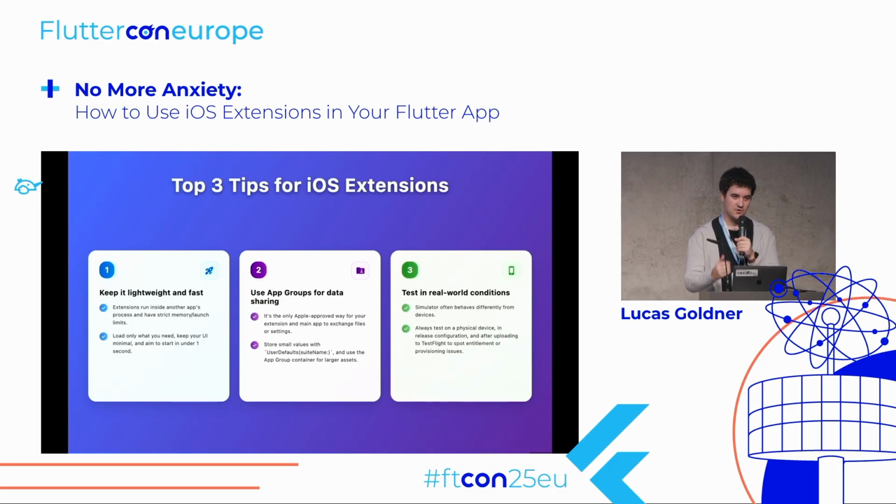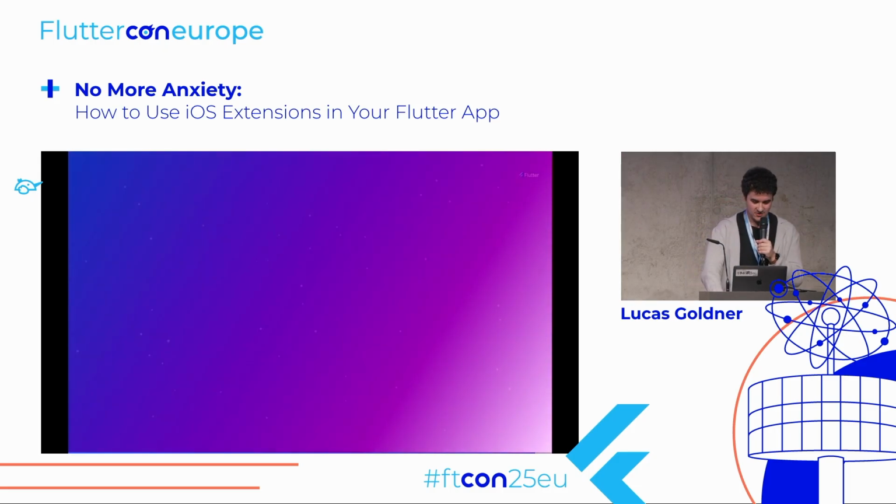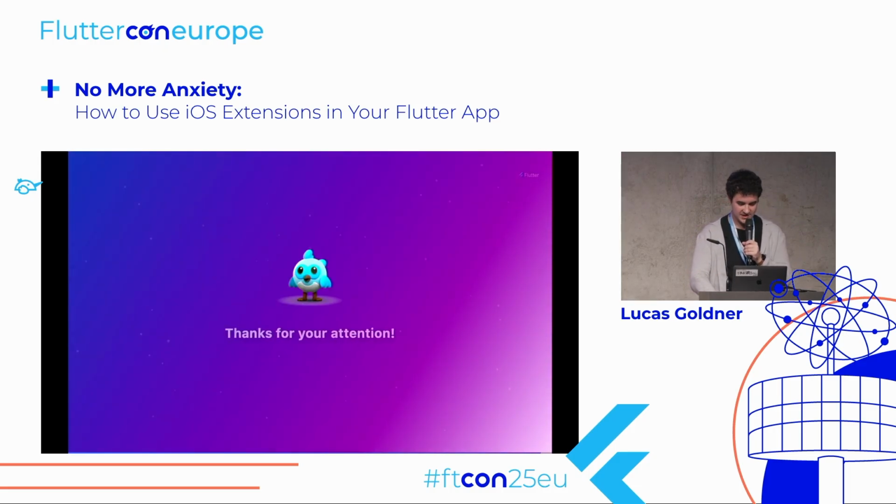And test, of course, not only on the simulator, but later when you have deployed it on TestFlight, for example, also on your physical device, as sometimes the memory could be a bit different with testing on debug all the time, and then on profile mode or release mode. So make sure to check it before you ship it. So yeah, this was basically it.